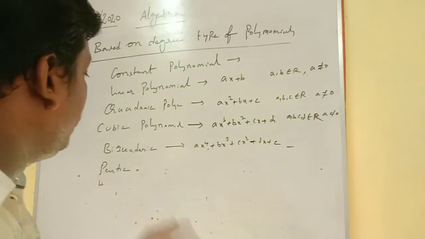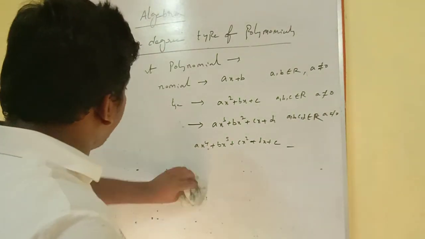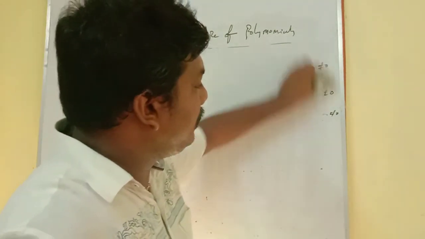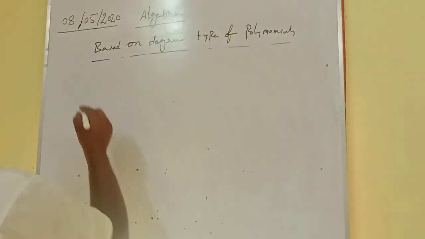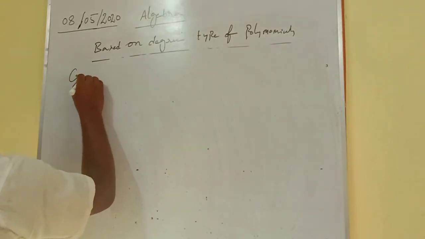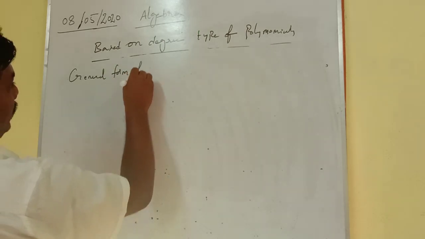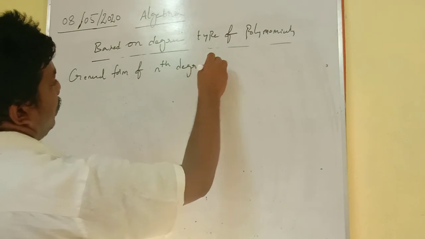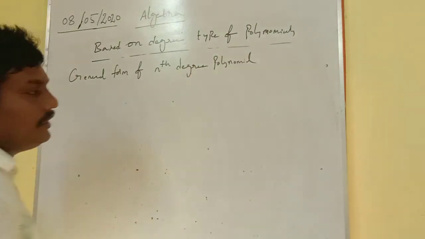Like that, 5th degree polynomial or 6th degree polynomial. Now, what is the general form of an nth degree polynomial?